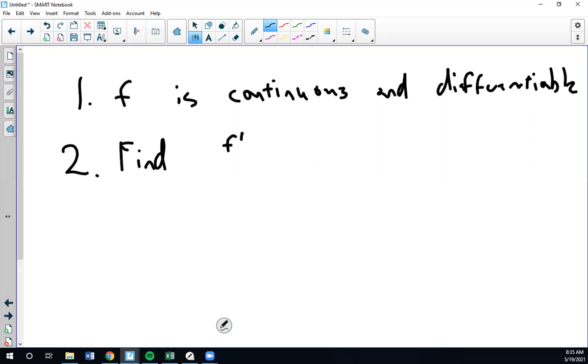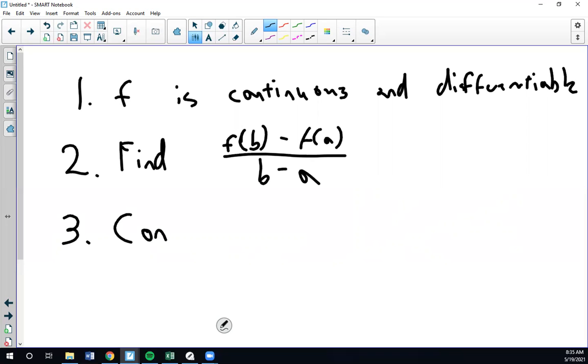Step 2, find f of b minus f of a over b minus a. And then step 3, make your conclusion.